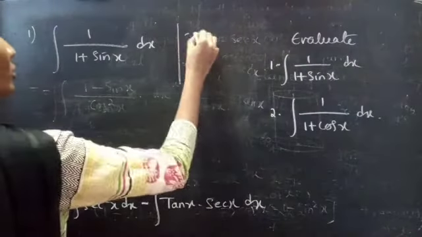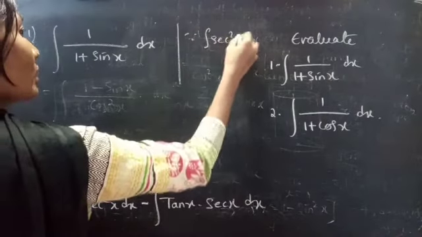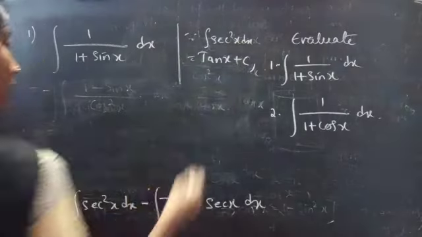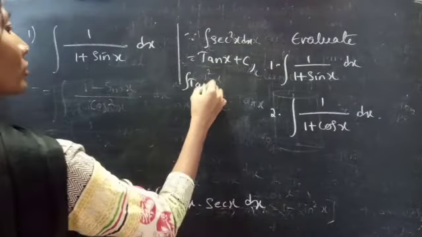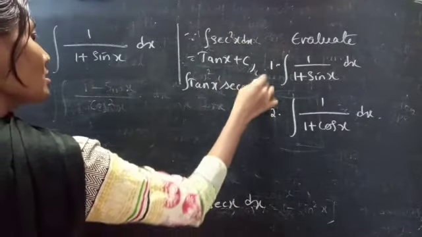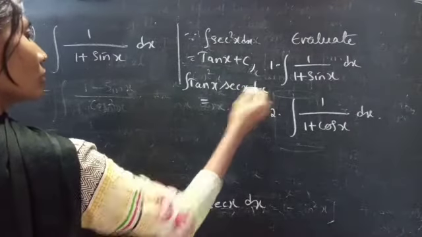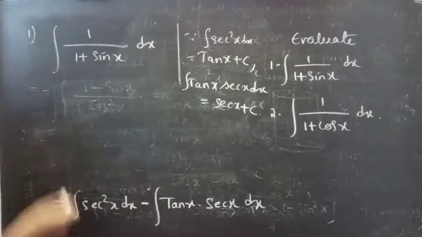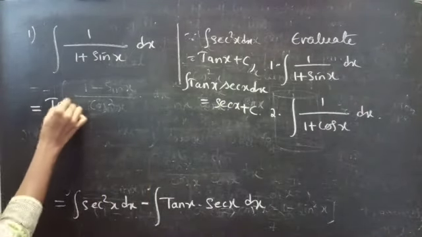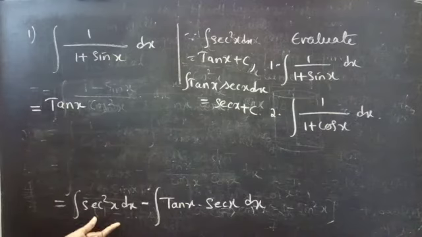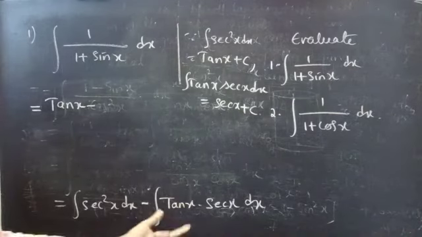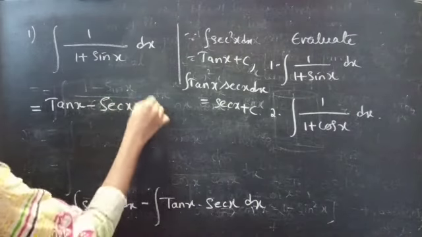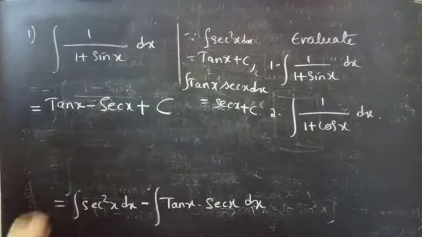Since we know that the integral of secant square x dx equals tan x plus c, and the integral of tan x secant x dx equals secant x plus c, this becomes tan x minus secant x plus the integral constant c.